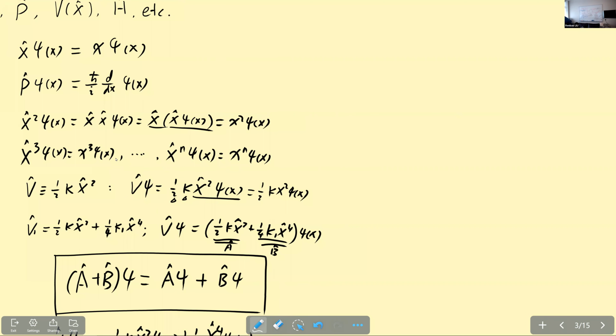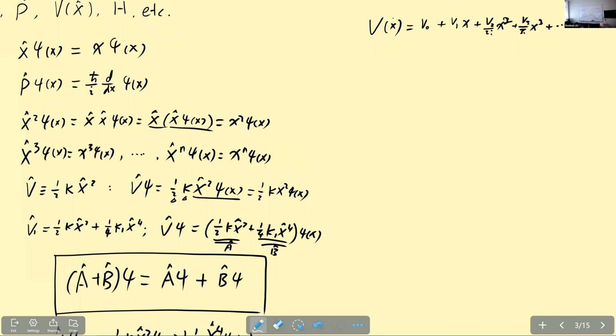So you can define a function in general, V of x. Suppose you have a function like this one that equals V0 plus V1 x plus V2 over 2 factorial x squared, plus V3 over 3 factorial x cubed.